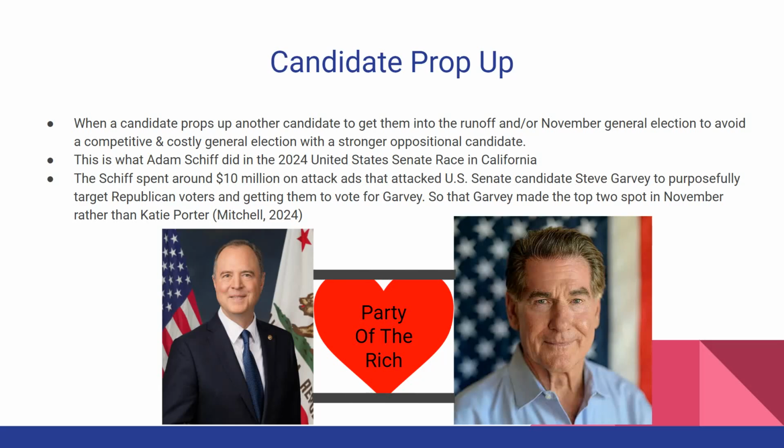It would have challenged the party of the rich. And that is something Adam Schiff wanted to avoid. He wanted to avoid a competitive and costly November general election at all costs.